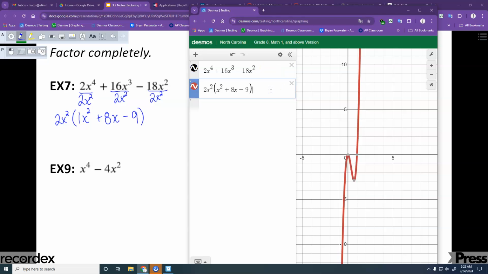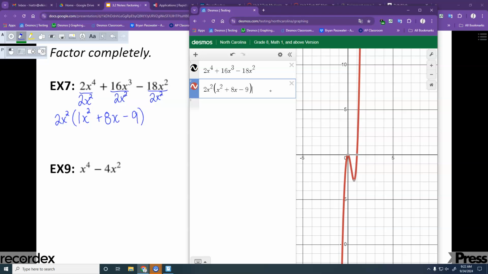This does not tell you you're done. It just tells you you haven't messed up, right? Because we're going to do some of this assignment on Delta Math, and if you type this in, it's going to tell you you're wrong. It's not going to tell you it's right, because you could factor this more, okay? So let's look at what to do to factor it more.